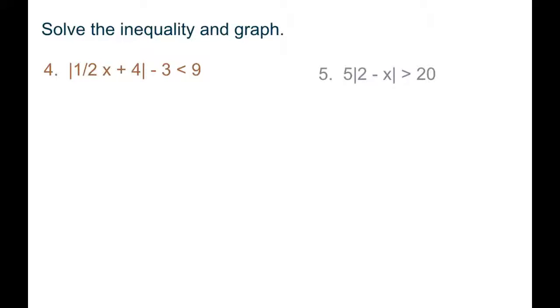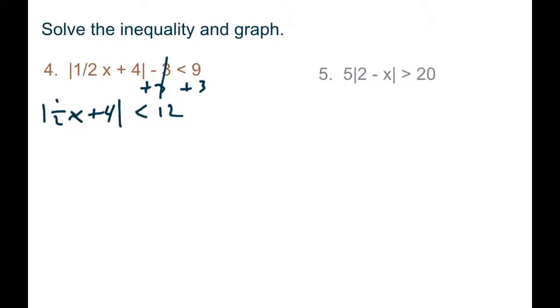Now we're going to solve the inequality and graph it on a number line. Same kind of idea here. I am going to take care of this number outside of the absolute value sign first. I get the absolute value of 1/2 x plus 4, that canceled, is less than 12.